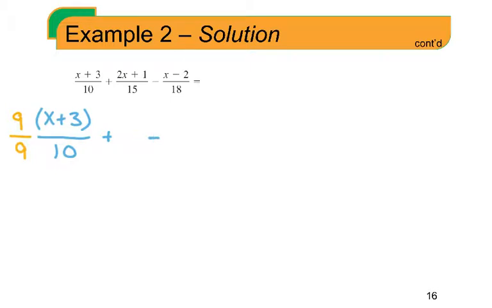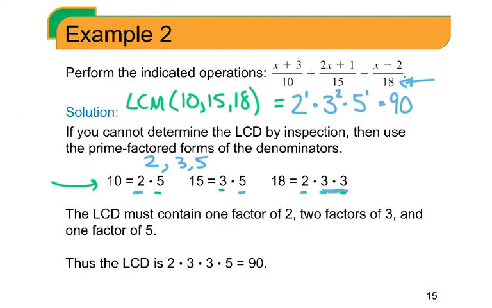Now, how do I turn 15 into 90? What do I need to multiply 15 by? Well, you can use your calculator, or you can look here. Here's 90, and here's 15. So 90 divided by 15 would give me a 2 and a 3.